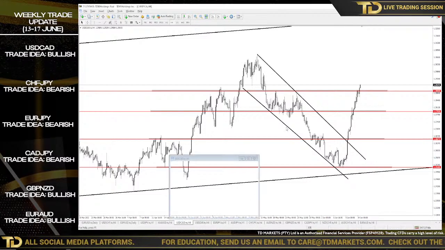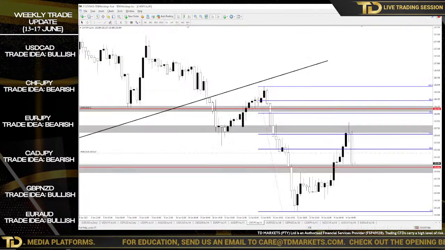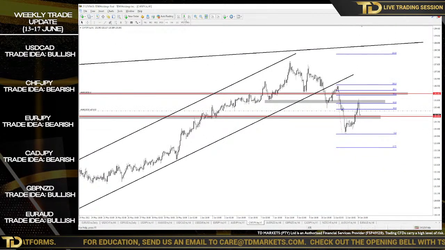And Swiss yen is another one. We spoke about a sell on Swiss yen, and there we have got a sell. We are quite bearish on Swiss yen, expecting price to continue the leg down, and we're already in, a few minutes ago.